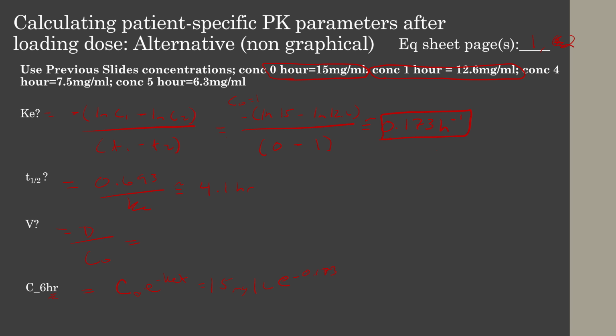Okay, those units cancel out because you would expect them to. And that gives you a concentration of about 5.4 milligrams per liter at 6 hours, which makes sense because if we look at the concentration at 5 hours up here, it's 6.3. So we'd expect it to be slightly lower than that. Okay? So you can see here, we can take that one step further from the previous slide where we can actually start to calculate any concentration.